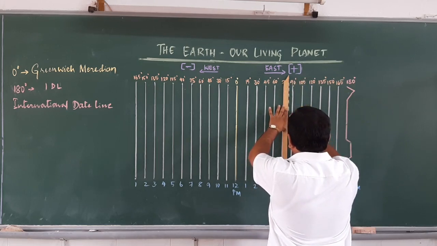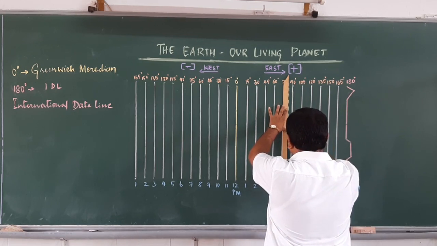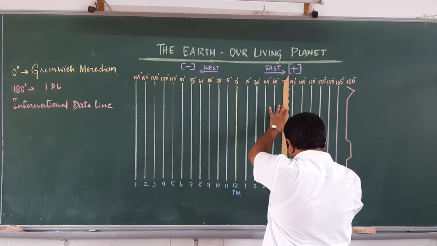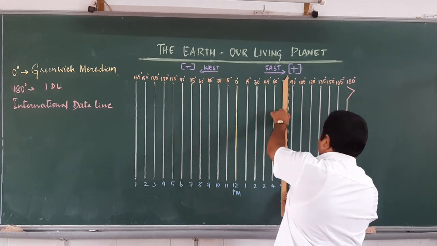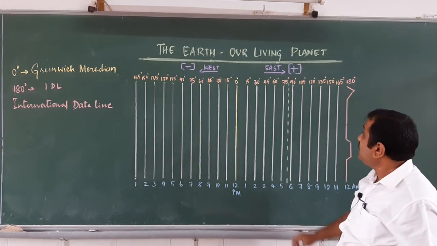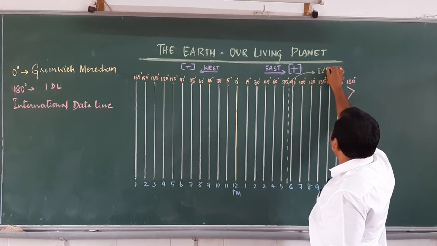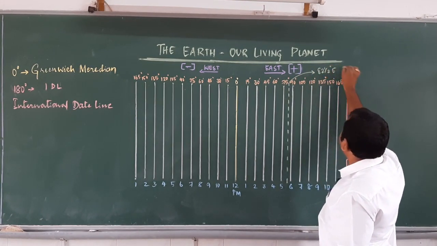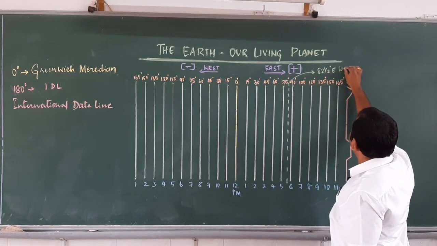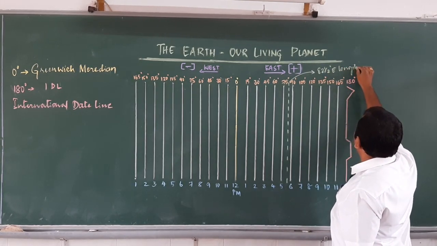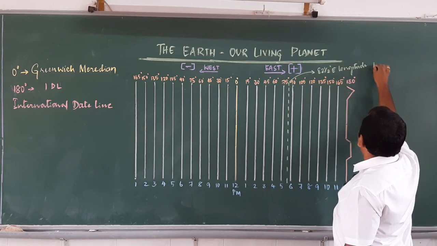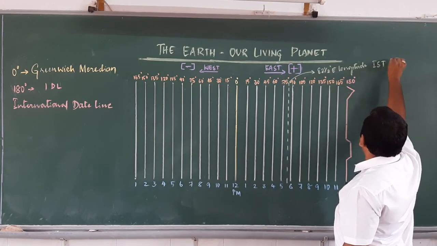For your easy identification of this 82.5 degree, I will go with this dotted line. I will consider this as 82.5 degree east longitude, which is called Indian Standard Time.